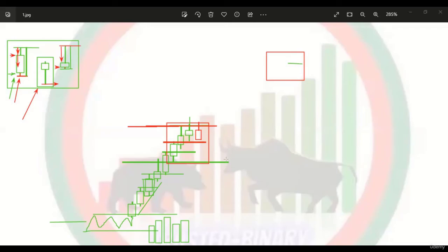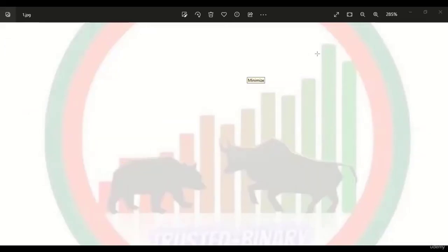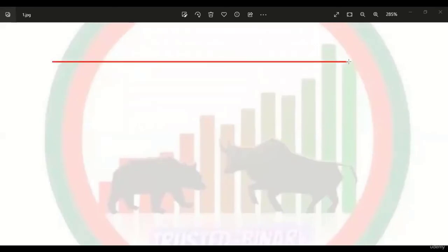So that's why we can expect the next candle down. You need to understand both this area and this area. That is the early stage, and that is the last stage.